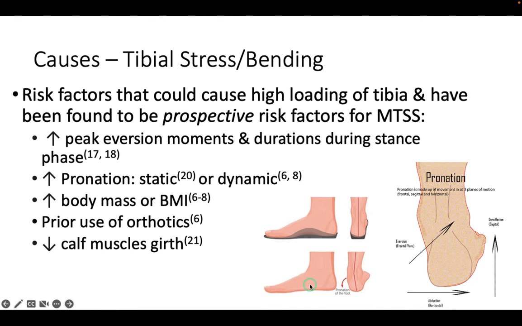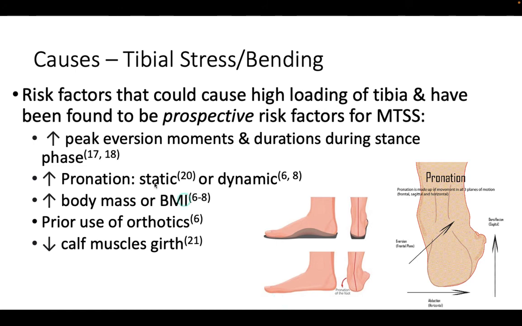So you can think you've lost the ability to absorb as much shock, and so you have an increase in loading of the tibia. And again, one of the movements of pronation is eversion, so it makes sense why both pronation and peak eversion and its duration during the stance phase are prospective factors for developing MTSS.